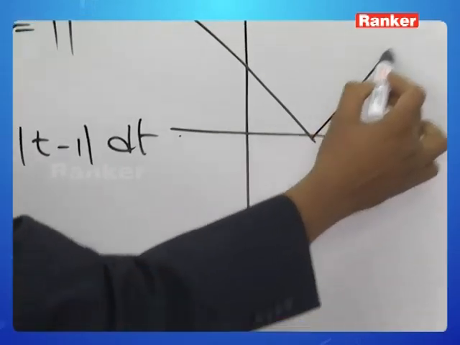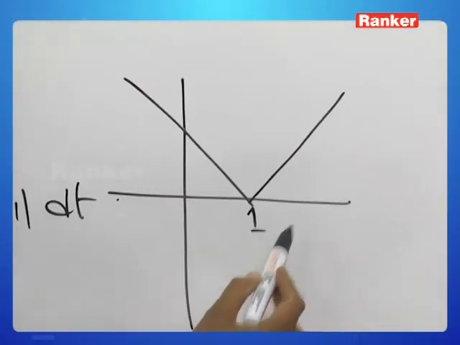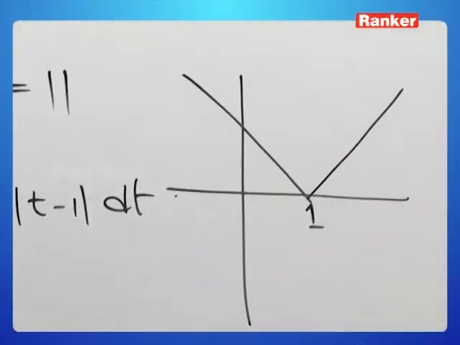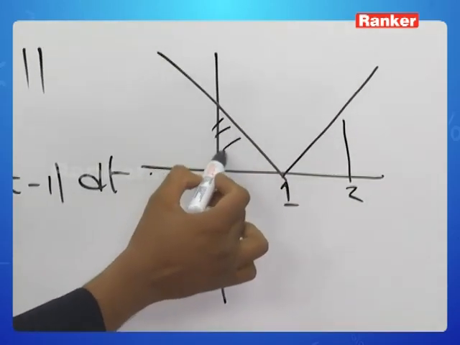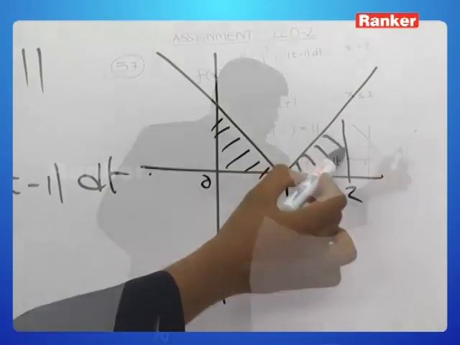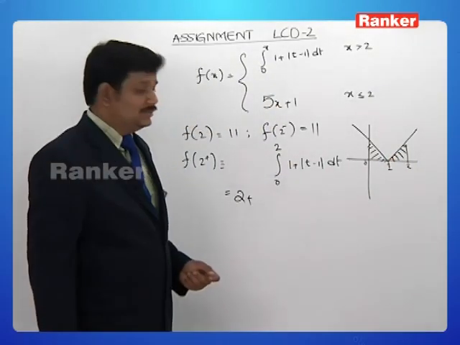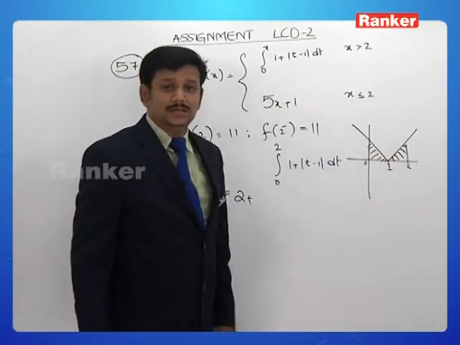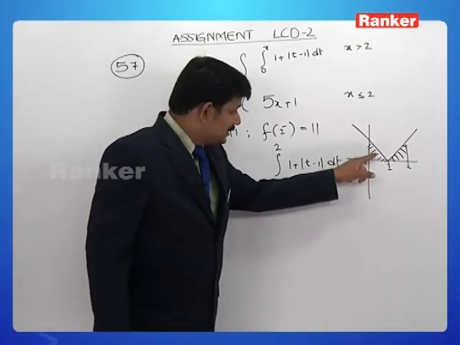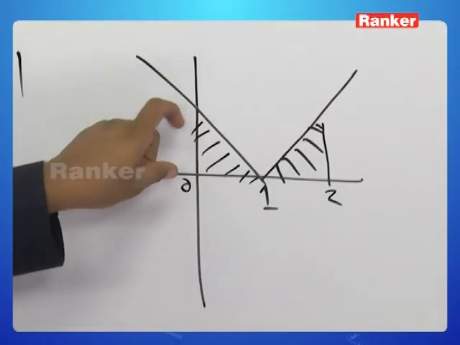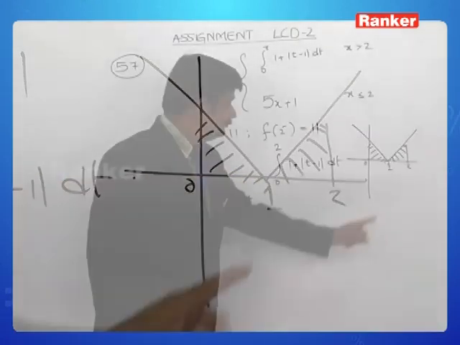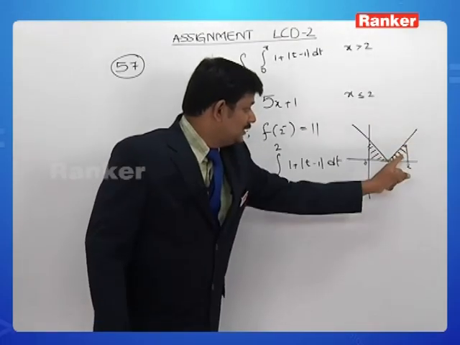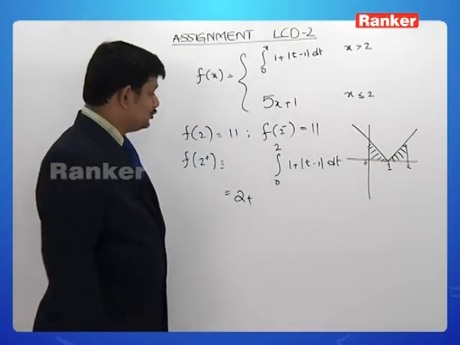This is how the graph would be, a V becoming 0 at x equal to 1. We are evaluating from 0 to 2, so the integral is the area of these two triangles. Area of each triangle is half, base is 1, height is 1, so the area would be half. So the total area is 1.